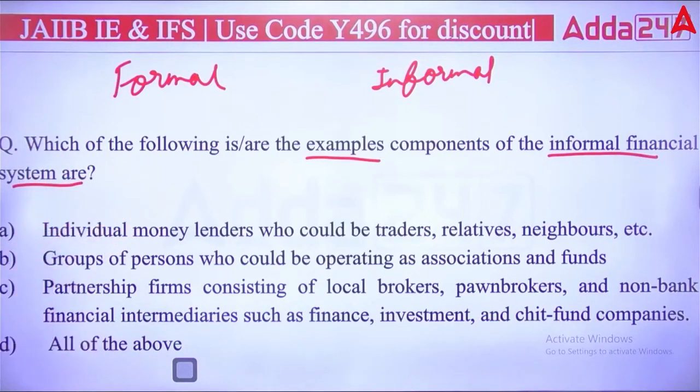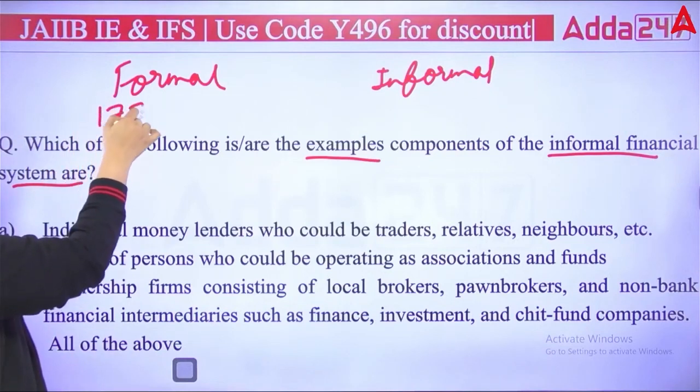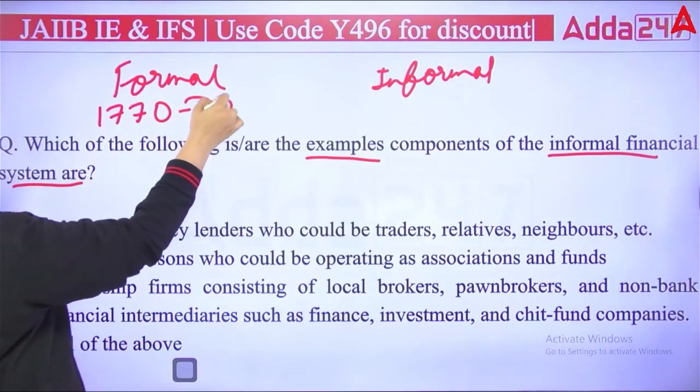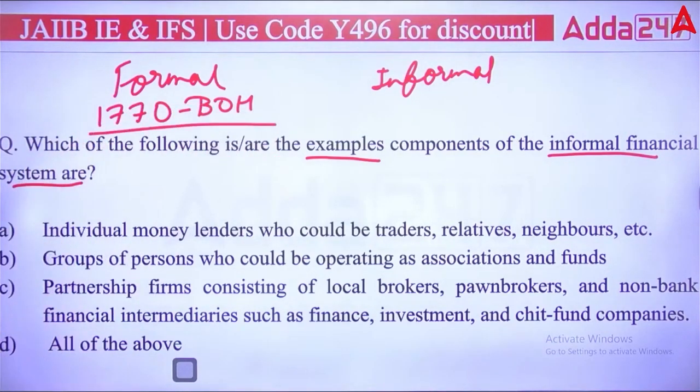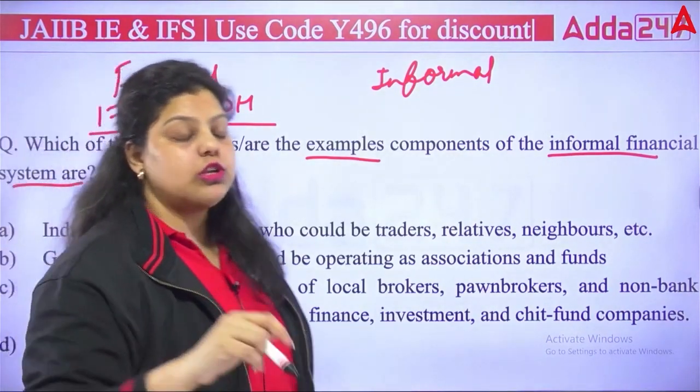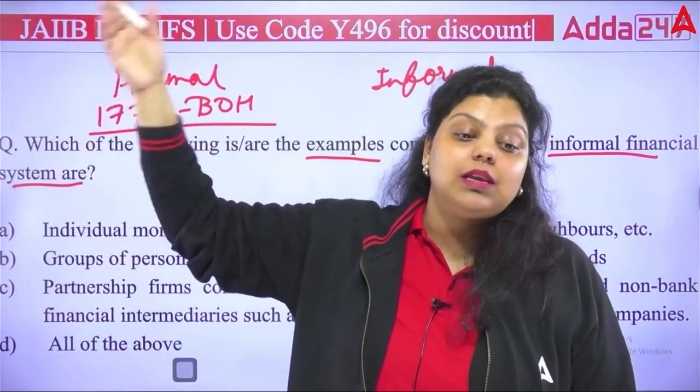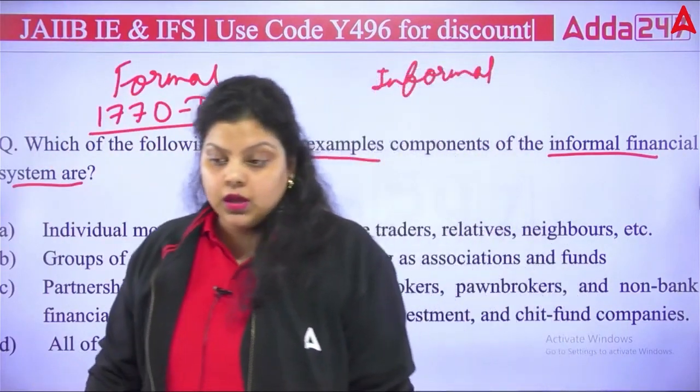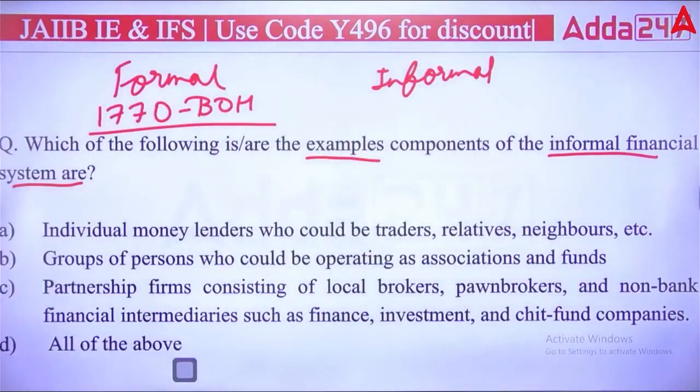The formal financial system in India started in 1770 when the Bank of Hindustan was established in Calcutta. And if I talk about informal financial system, it has been going on since human civilization. So you have to answer here which of the following are the examples component of the informal financial system.